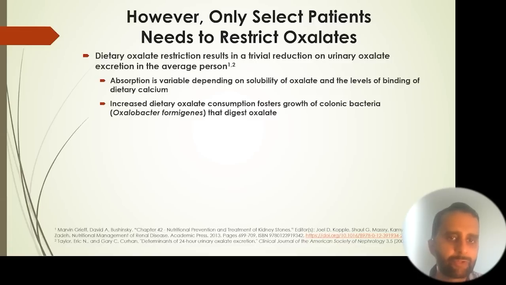That is because absorption varies depending upon the solubility of the oxalate in the gut and the other aspects of diet, like the amount of calcium that is being consumed. And there also is the emergence of research from the gut microbiome, such that certain bacteria like Oxalobacter formigenes may digest oxalate and prevent its absorption and ultimate excretion in the urine.